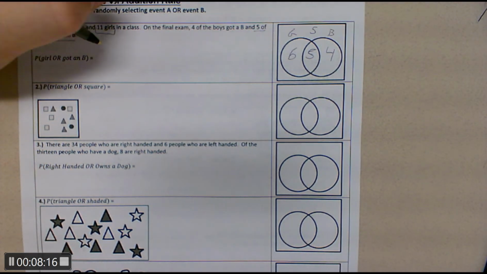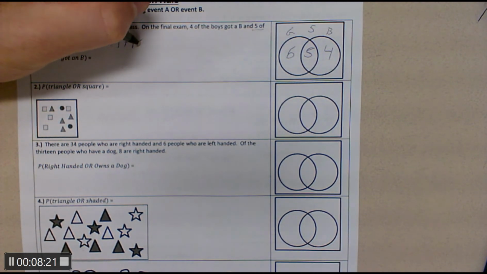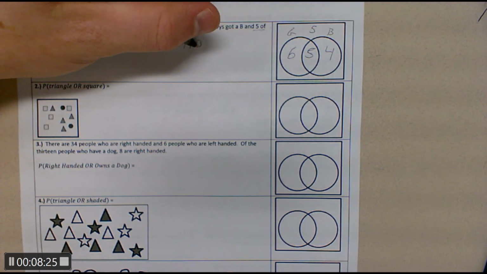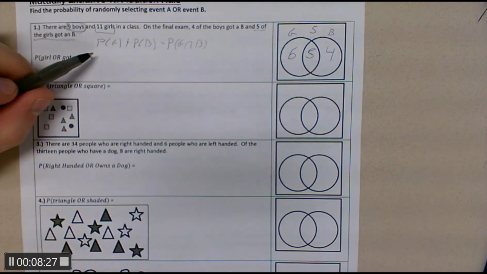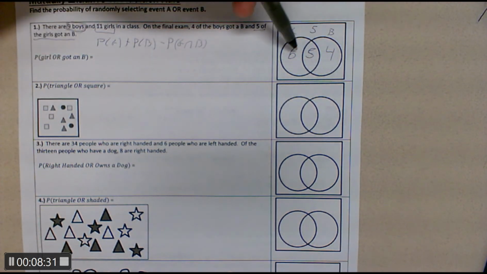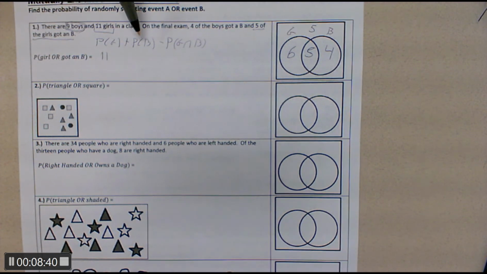So from here, we just have to fill in our formula. The probability of girl or got a B would be the probability of girl plus the probability of B minus the probability of girl intersect B. For the probability of girl, there were 11 total girls. That's what we see there, and that's what we see right here. So 11. There were B's.